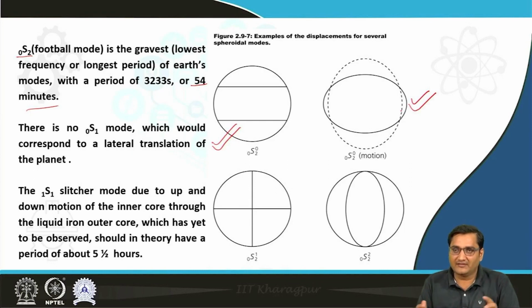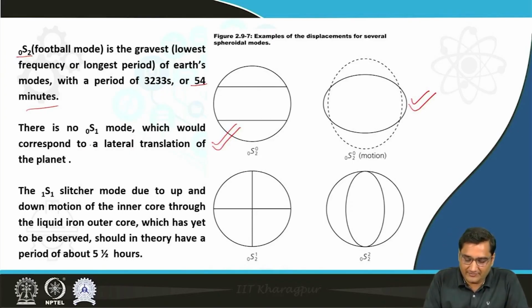So you can see the poles are expanding, at the same time the equatorial positions are contracting. When the equatorial positions are expanding, the poles are contracting. So there is no 0S1 mode, which would correspond to a lateral translation of the planet.